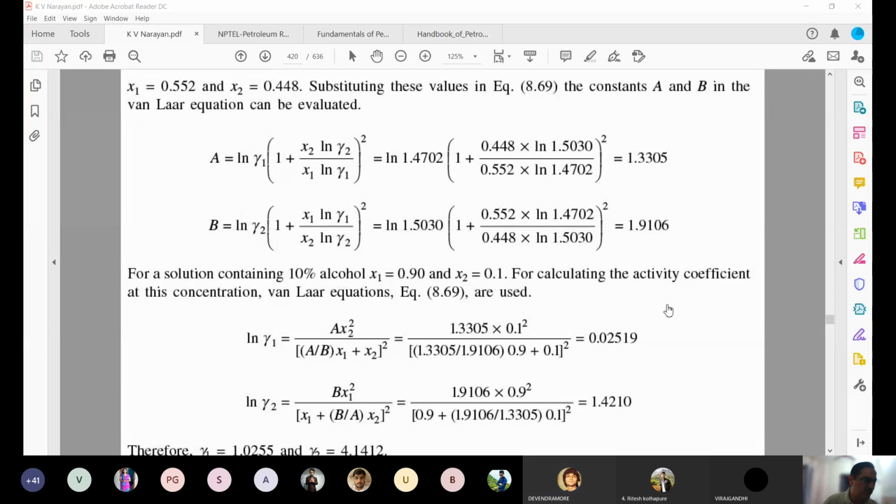बुक में ये सेकंड बेंजीन एज कंपोनेंट 1, we are taking alcohol as component 1, तो x1 will be 0.1 instead of 0.9, right? हमारा A और B उल्टा हो गया, right? So x1 will be 0.1, 10% alcohol, so x1 is 0.1, x2 is 0.9. उसके लिए अपने को भी gamma 1 gamma 2 कैलकुलेट करने का है. So calculate gamma 1 and gamma 2 for x1 equal to 0.1.